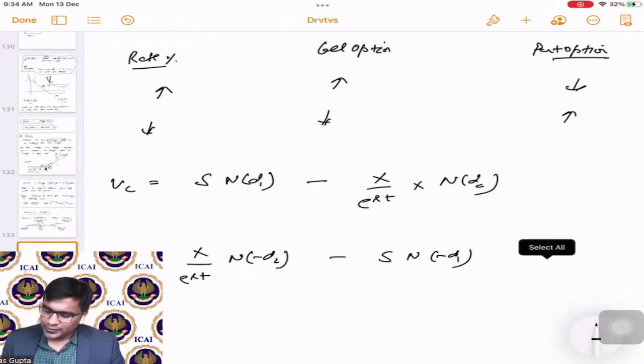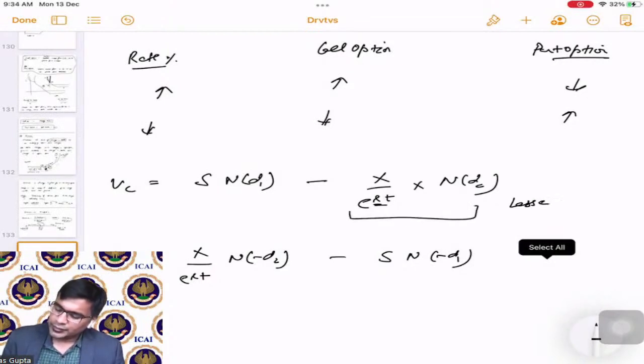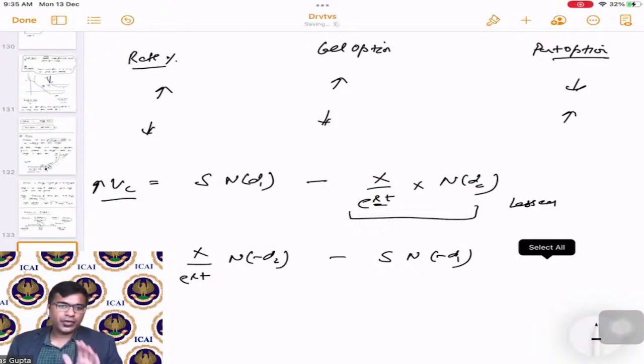Now, if you see, r is placed here. Higher the r, higher will be the discounting and lesser will be this value. Lesser this value, higher will be the value of call option, because lesser value will get reduced from the entire formula, correct?